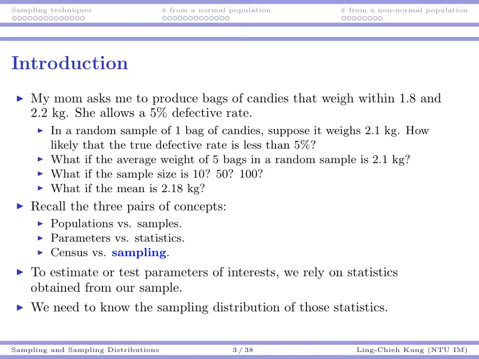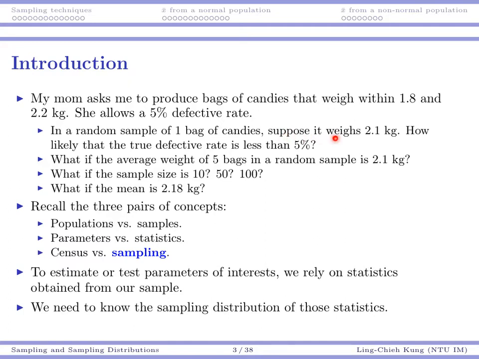My mom will calculate the sample mean. She can really calculate the population mean if she wants to, but suppose that is not possible. Then she can choose to do this: someday she comes to my working place and simply draws one bag of candy.